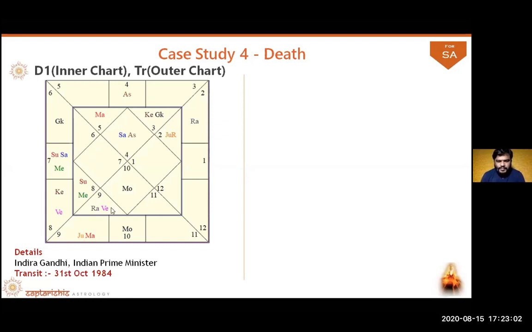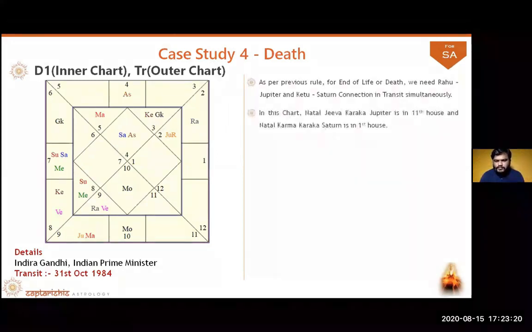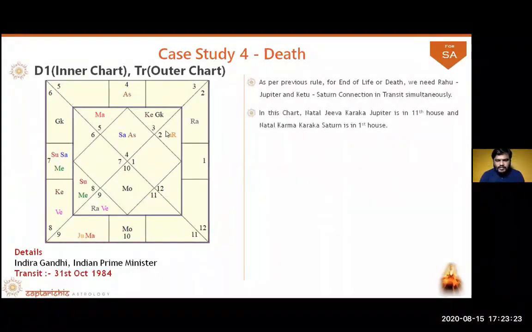Now see, rule number 3 is that rule 1 and rule 2 must simultaneously take place in the transit. It means, as we can see in this chart, Jeev Karaka Jupiter is in the 11th house, and Karma Karaka Saturn is in the first house.